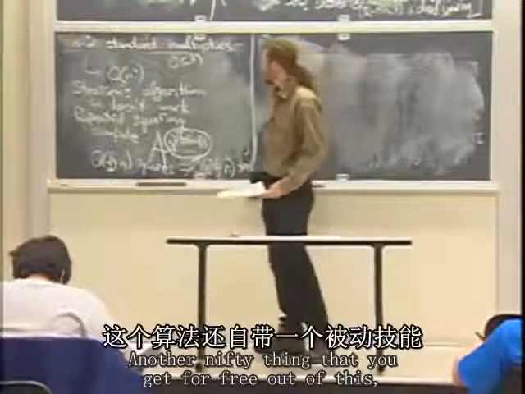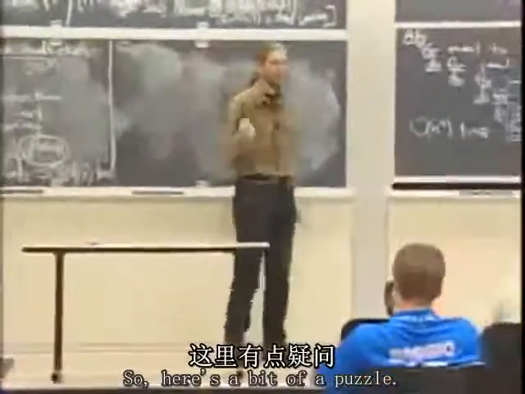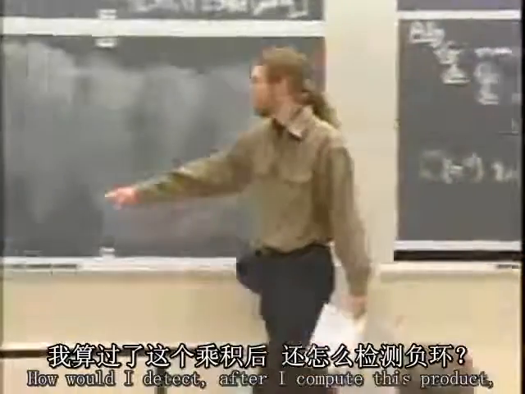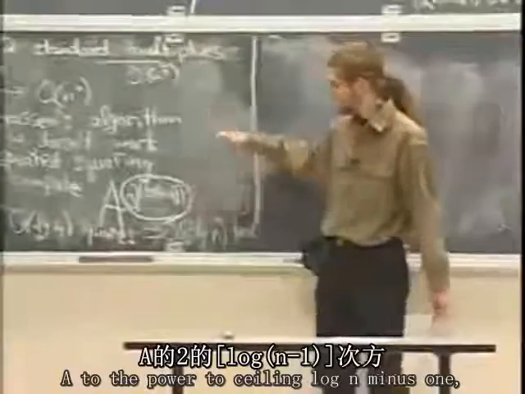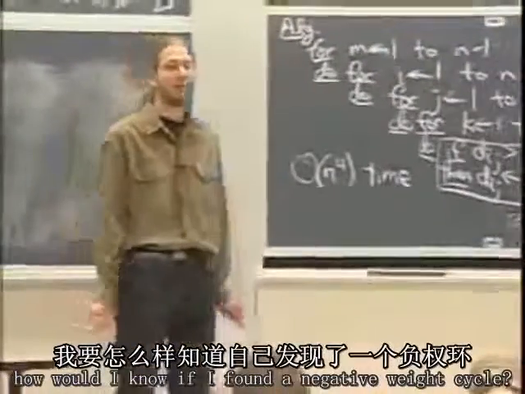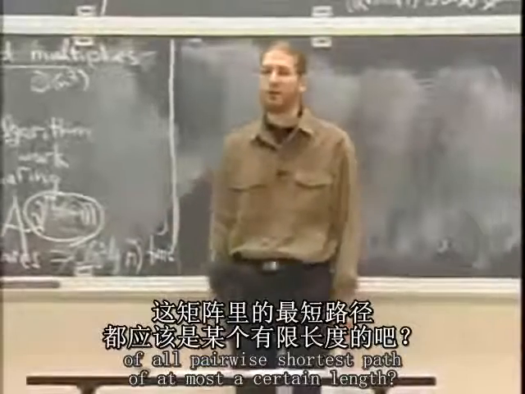Another nifty thing that you get for free out of this is you can detect negative weight cycles. So here's a bit of a puzzle. How would I detect, after I compute this product, A to the power 2 to the ceiling of log n minus 1, if I found a negative weight cycle? What would that mean in this matrix of all pairwise shortest paths of at most a certain length?